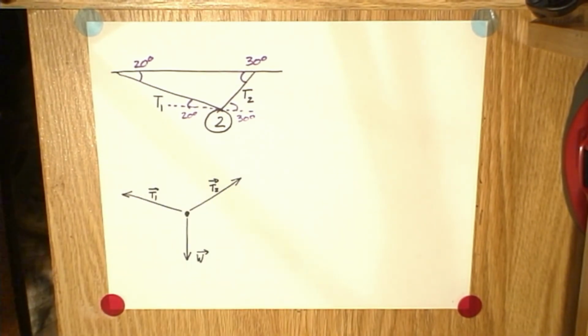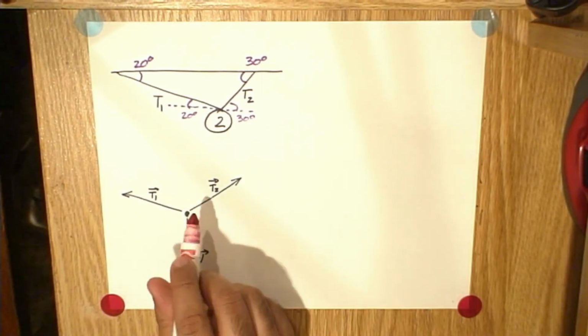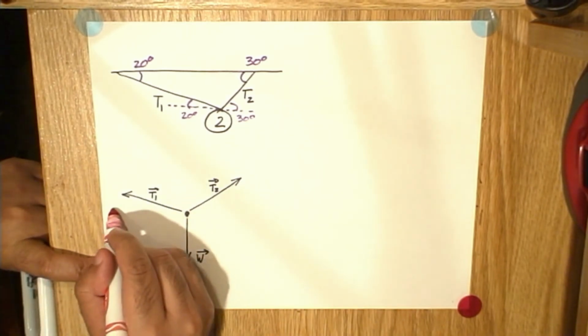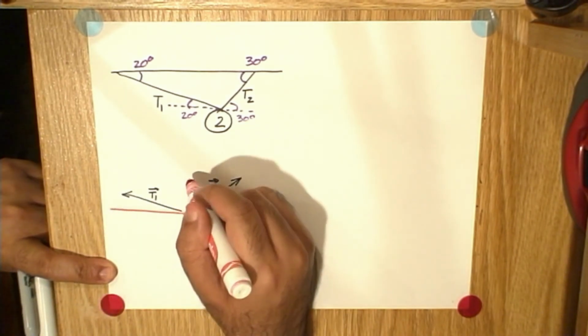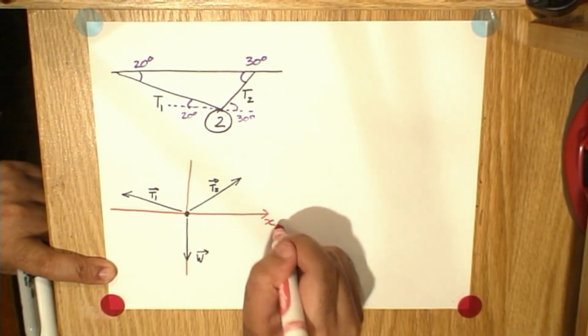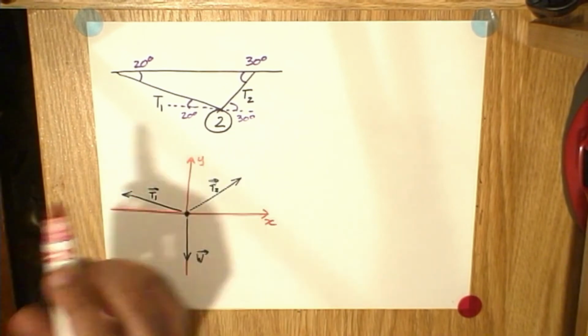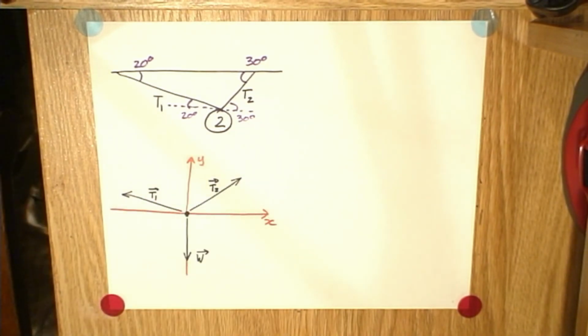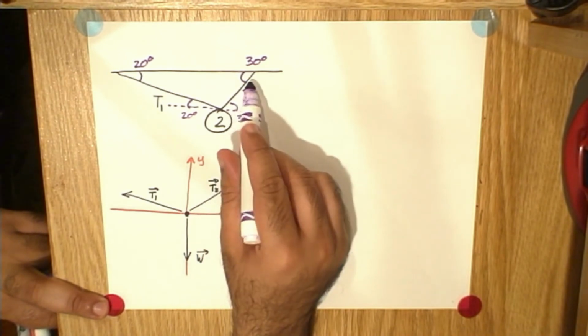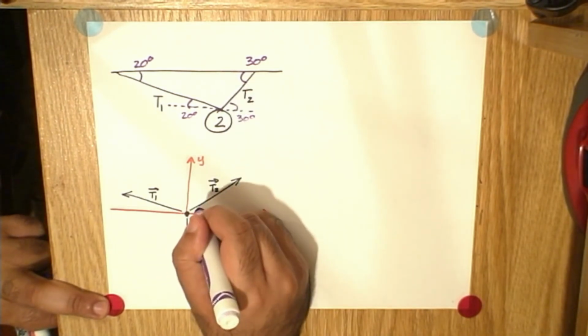Now, we are ready to draw our axes. The origin obviously goes on the spot, as it always does. I'm going to set our axes in the conventional way. This way is x, this way is y. So this tension over here was oriented at 30 degrees.